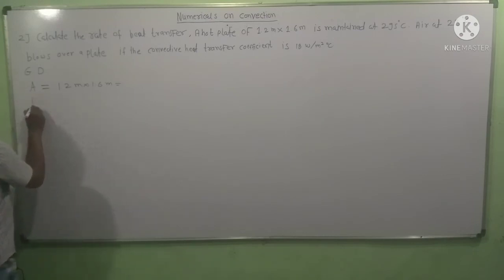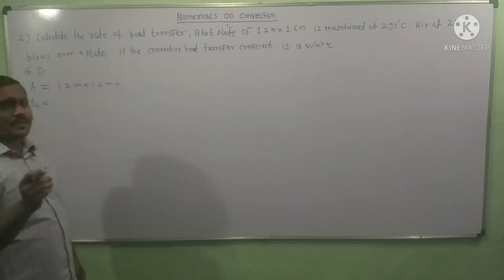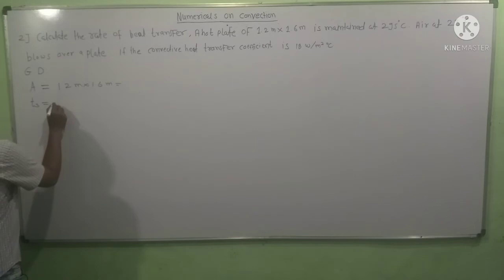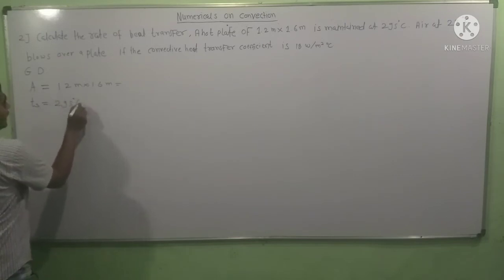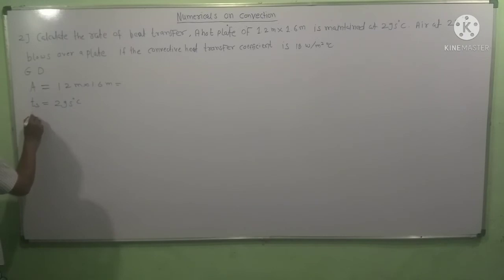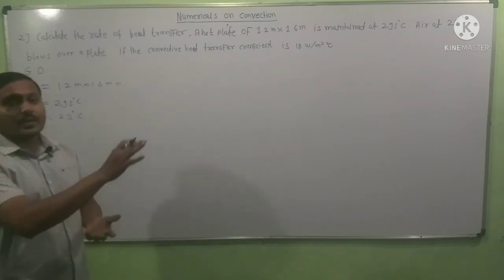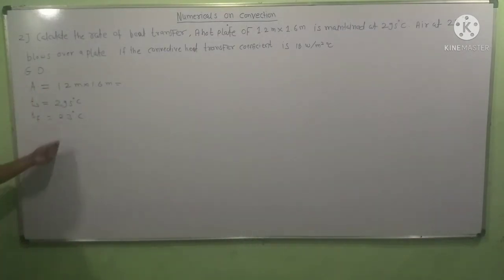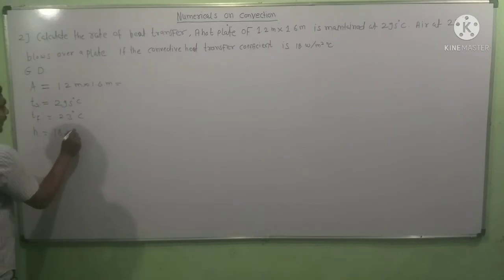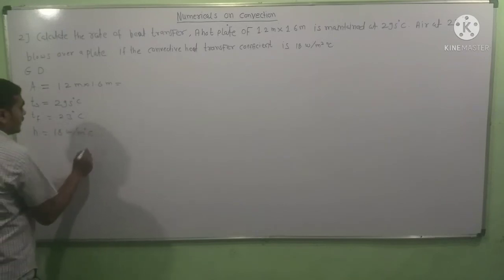The temperature of the plate is the surface temperature, 295 degrees Celsius, and the air temperature, that is the fluid temperature, is 23 degrees Celsius. Cold air at 23 degrees Celsius blows over the plate. The convective heat transfer coefficient is given, h equals 18 watt per meter square degree Celsius.